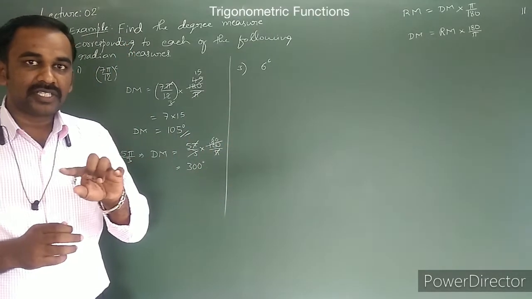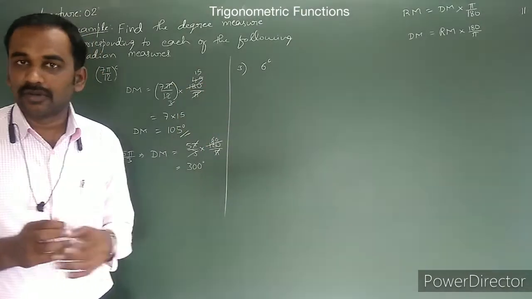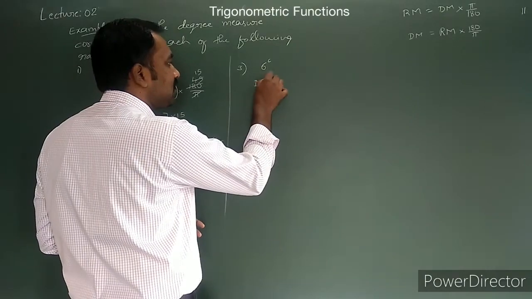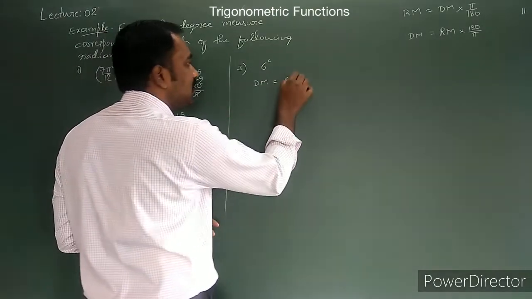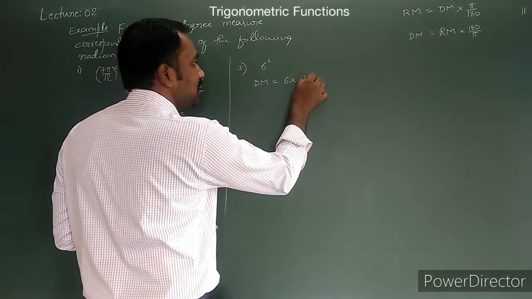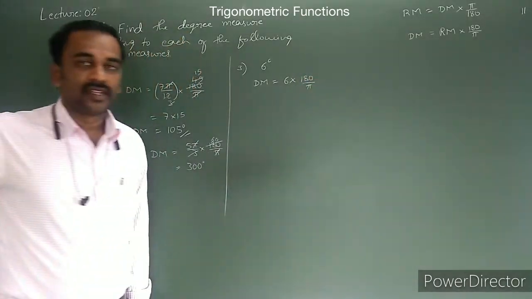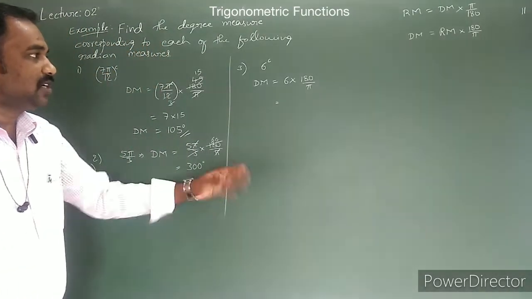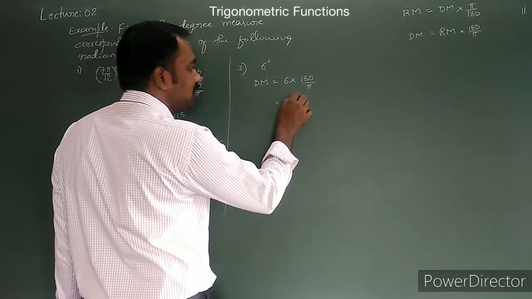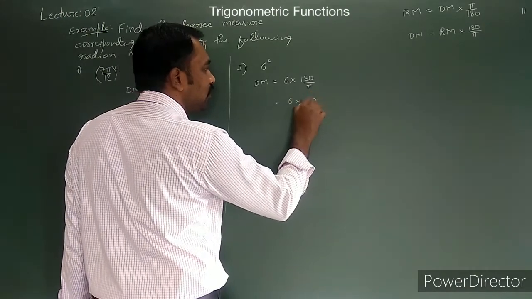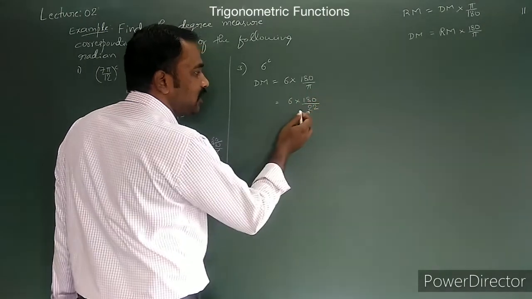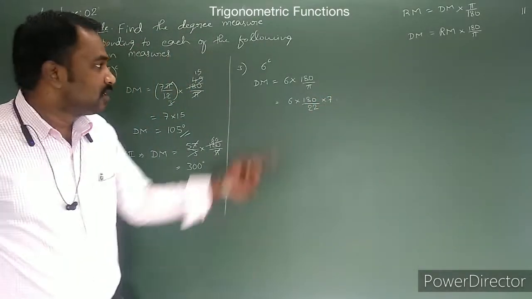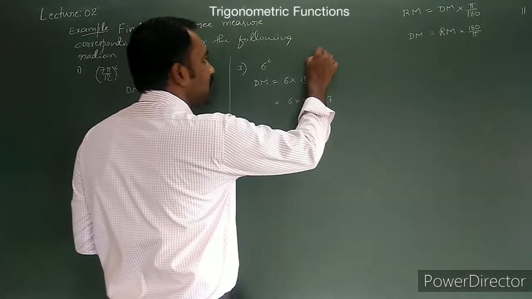1 radian is equal to 57 degrees, and 6 radian is equal to how many? So the degree measure is equal to 6 radian into what do we have to multiply? 180 divided by pi. How do we simplify? Eliminate the pi, that means replace the pi. Pi is equal to 22 by 7, we have already known that.